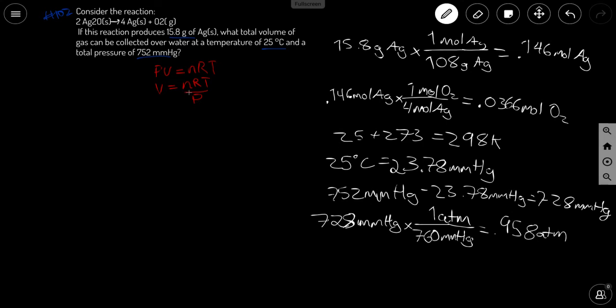Okay, so now we have our moles, our temperature, and our pressure. So let's go ahead and plug everything in. So moles, we found it to be 0.0366 moles.